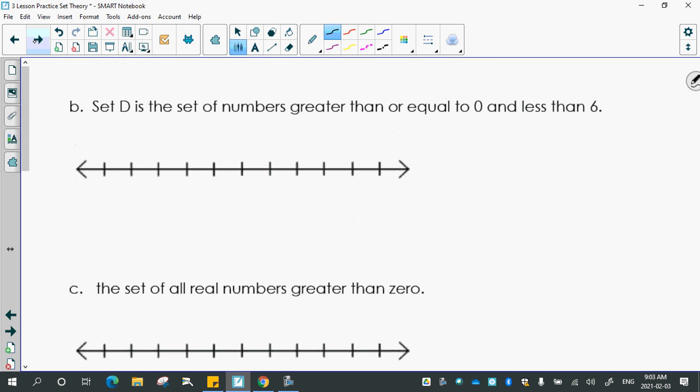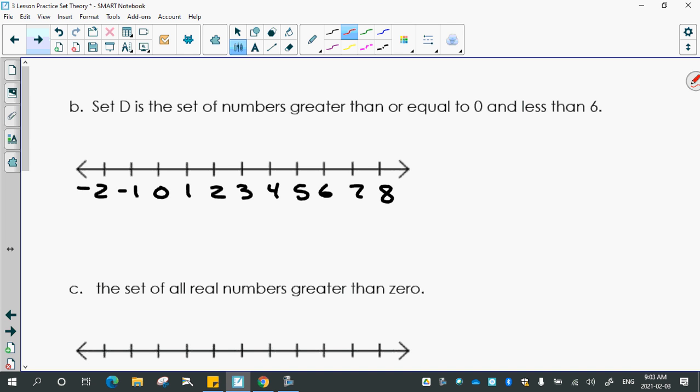Set D is a set of numbers greater than or equal to 0 and less than 6. So we want to draw it on our number line first. We're going to start off with, say, -2 here. So greater than or equal to 0.